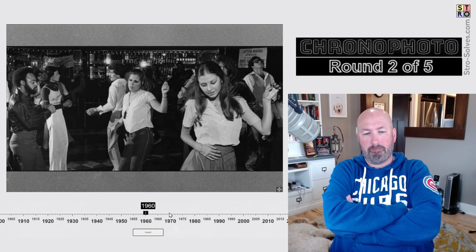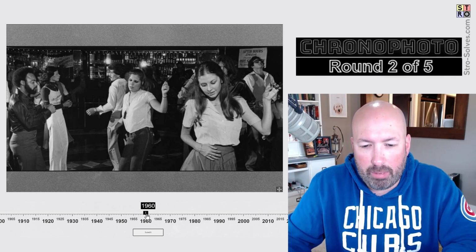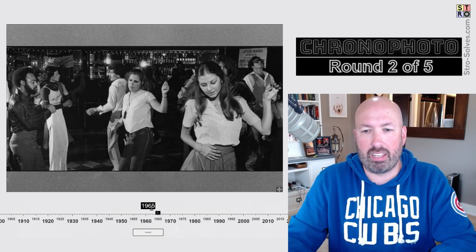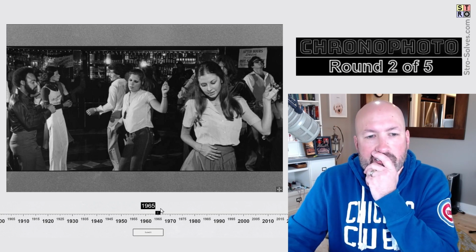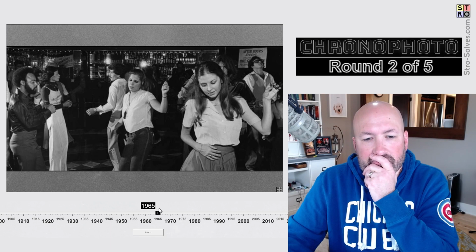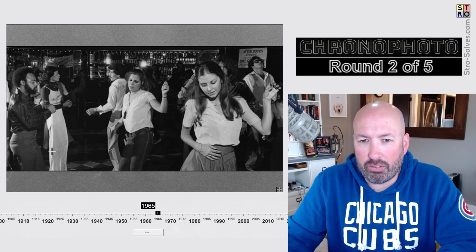I'm gonna retract my previous statement and say more 60s. Because it's hard. I wish I could see their feet, actually.